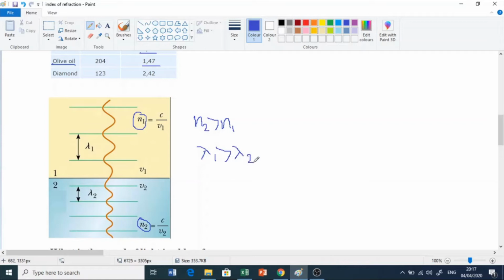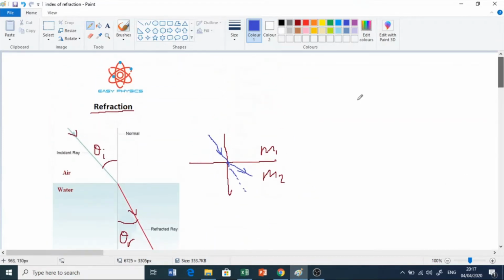And we also know that the velocity of the light in the first medium is bigger than the velocity of the light in the second medium. What changes when light moves from one medium to another one? If it is not perpendicular like this, it changes its direction. For example, look at here.